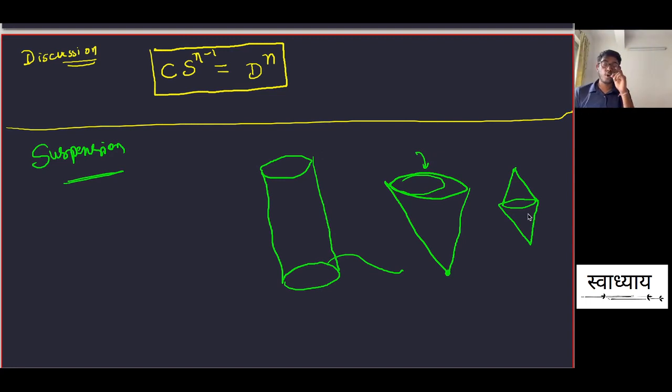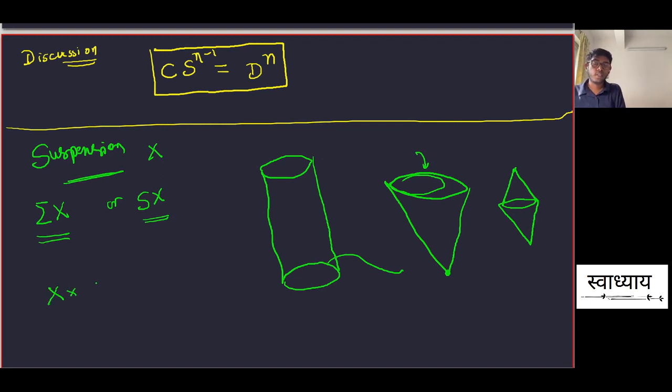That is what we call the suspension of X, which we usually denote by S(X), whatever you like. So how will I define it?